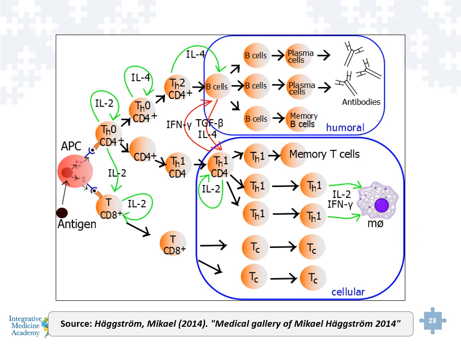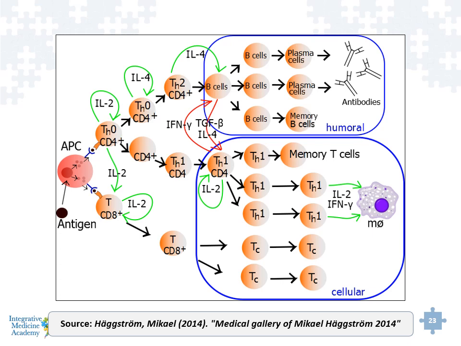When we look at the innate and the adaptive immune system, we know that the innate immune system is things like macrophages, monocytes, and neutrophils, a system that tends to respond in much the same way each time we encounter an antigen.